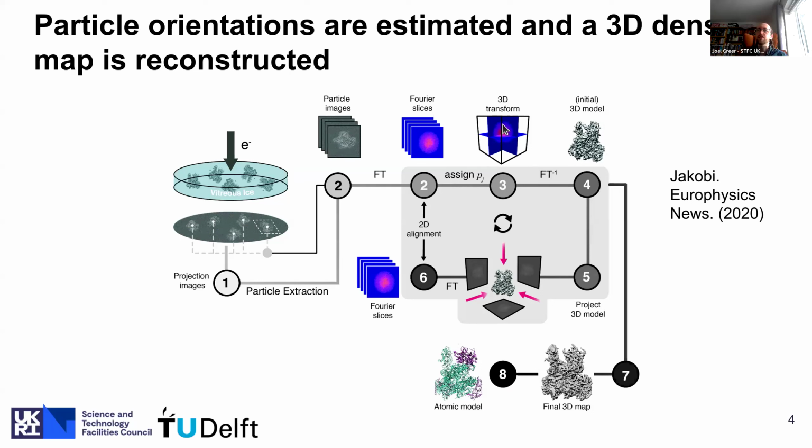So we 3D transform back from this representation into essentially our normal spatial representation of the Coulomb potential.